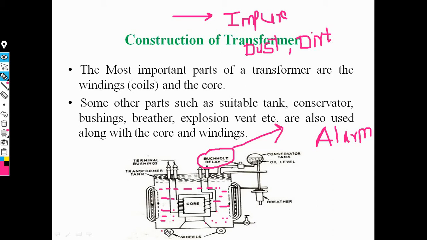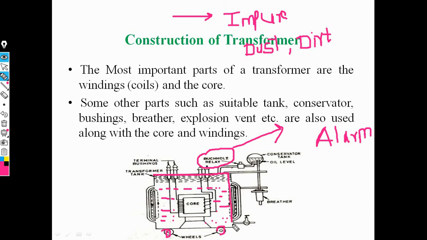Now there are two wheels here, with which the transformer moves from one place to another. This is the transformer tank.